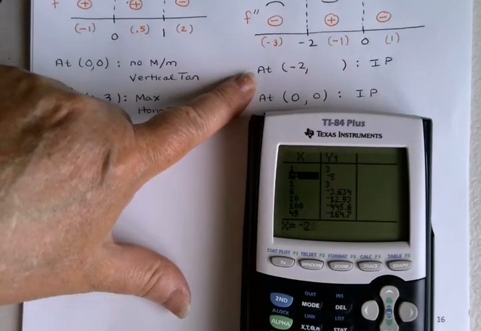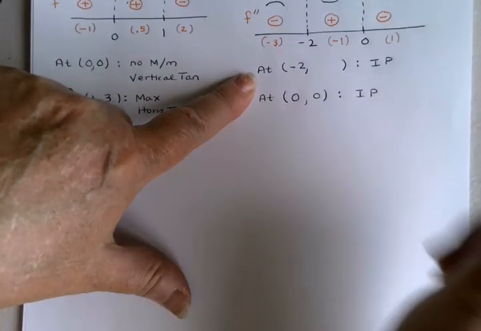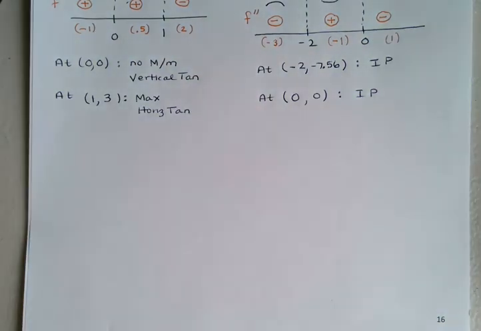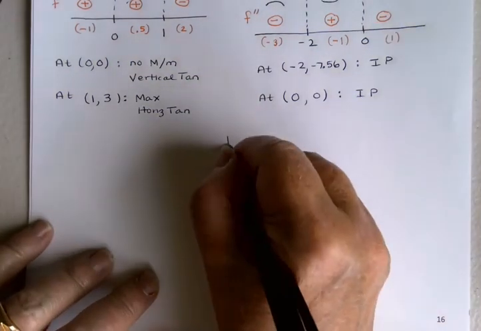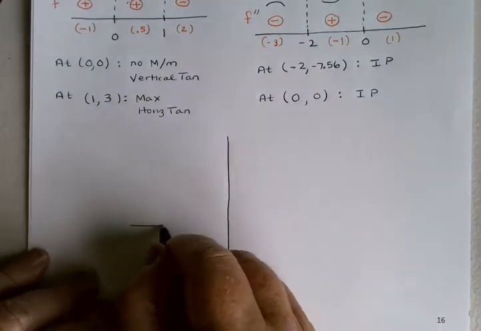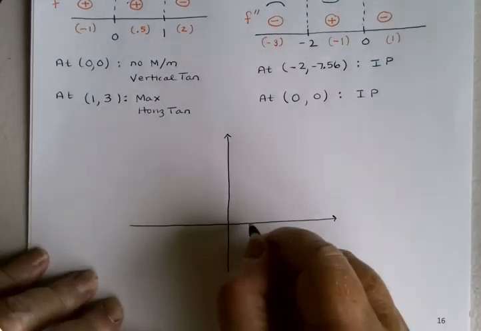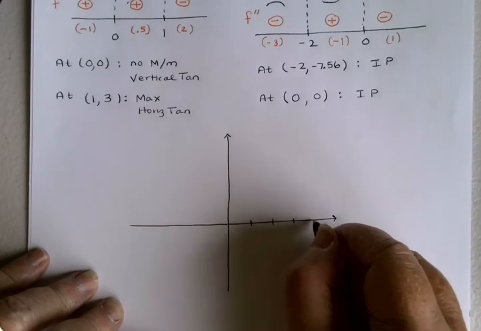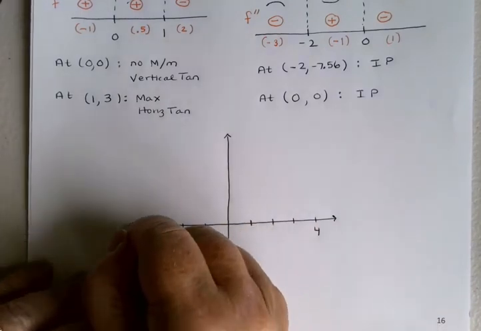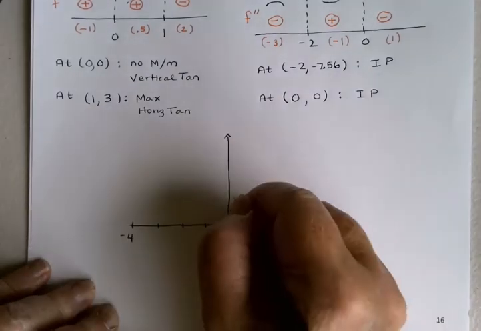And when x is -2, I get about -7.56. Let's see, I gotta go at least up to 3 and down to about -8.